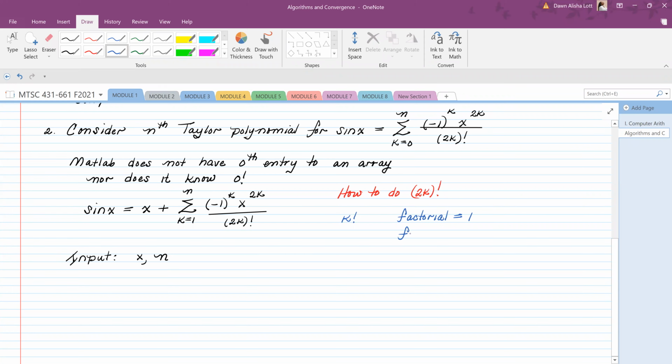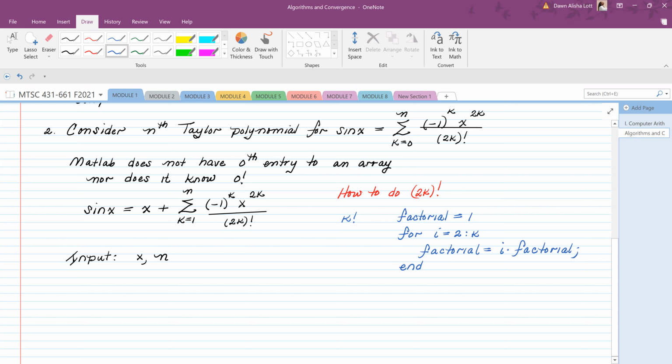And then we could do for, so if I want to do k equals, let's see. I would let factorial just equal i times factorial. And then end.